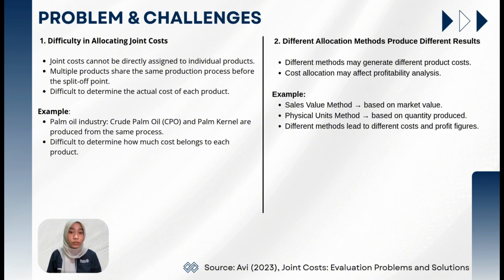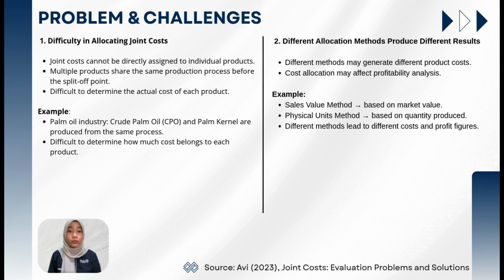Another issue is that different cost allocation methods can produce different cost figures for the same product. For instance, a palm oil company might use the sales value method or the physical units method. If the sales value method is used, crude palm oil may receive a larger portion of the cost because it has a higher market value.